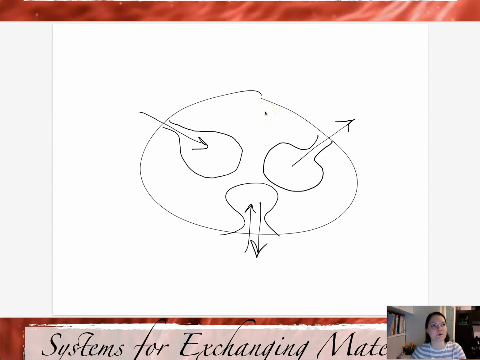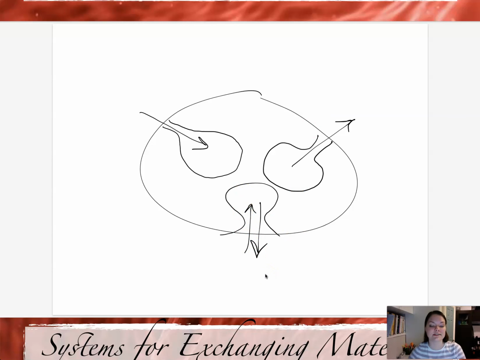So going back to the analogy that I started off at the beginning of this unit, what was that, the Friday before this whole thing started? If this is a town, we need a way to bring new stuff in. We need a way to get rid of wastes. And in terms of our bodies, we're also going to be having some systems that are two-way.